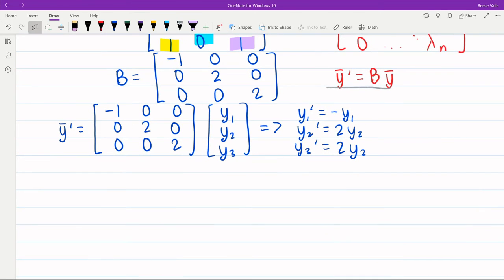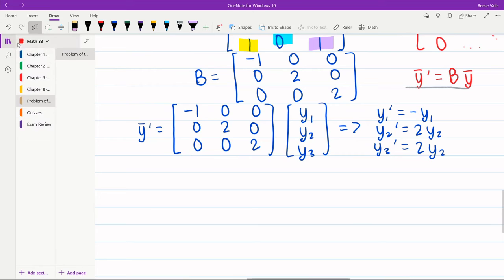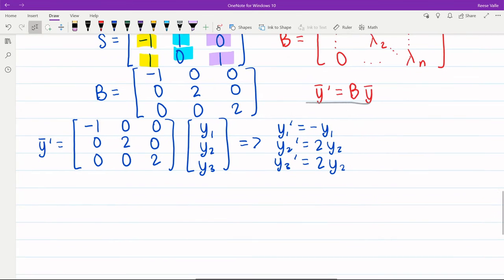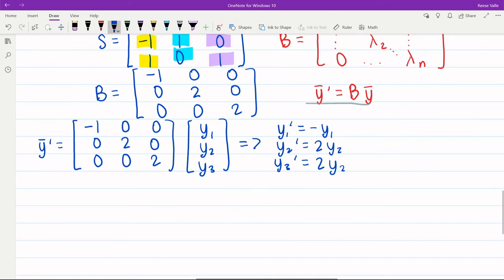And so using differential equations, chapter 1, you're going to make this into y1 equals c1 e to the negative t, y2 is equal to c2 e to the 2t, and y3 is equal to c2 e to the 2t once again.